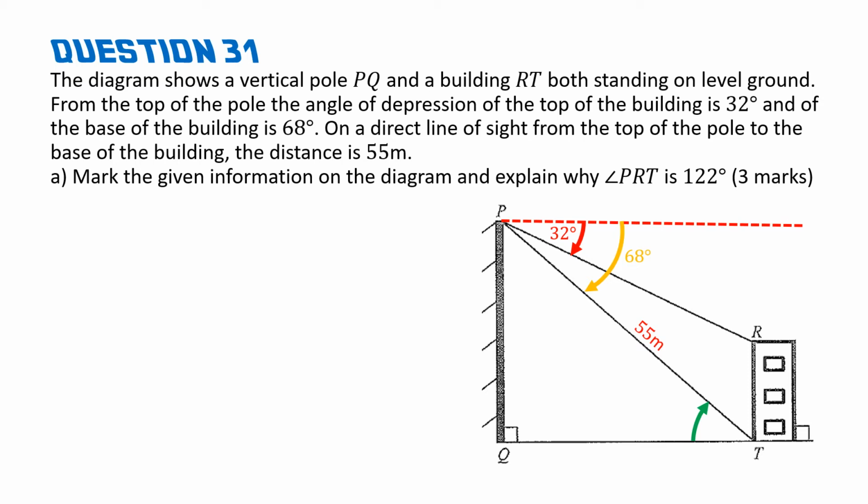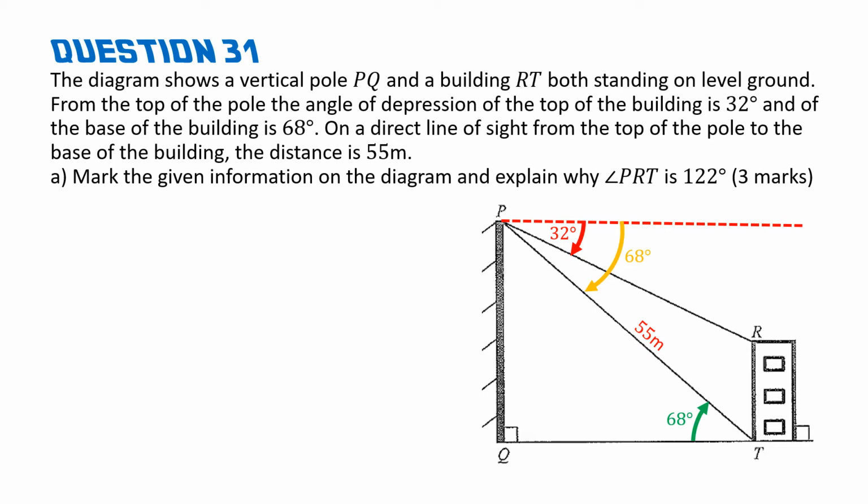Because our horizontal line is running parallel to the bottom, the orange angle, 68 degrees coming down, and the green angle coming up are alternate angles. So they're the same size, and the green angle is also 68 degrees.